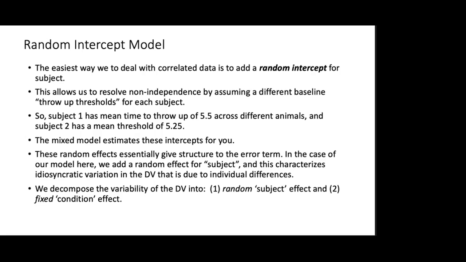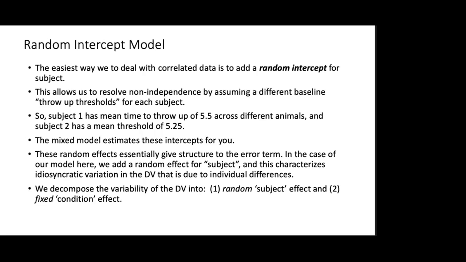That is the beauty of it: by including that, you're getting rid of the dependence in your data. This eliminates the problem. It is accounted for by your random intercept, by your random factor.